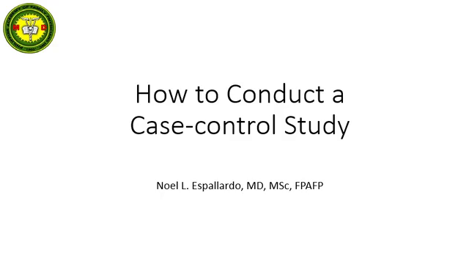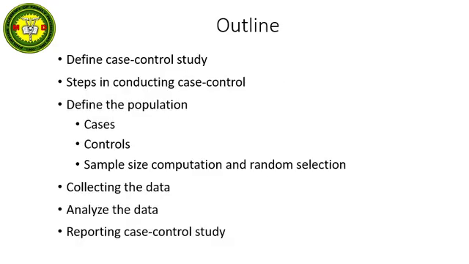In this session, I will be presenting tips on how to conduct a case control study. This is the outline of my presentation. First, we'll define what a case control study is and why we do it.